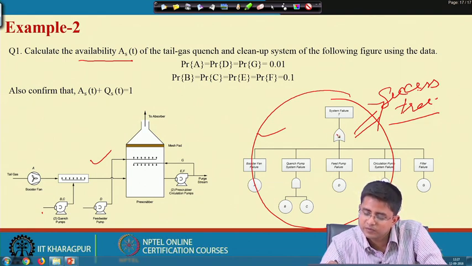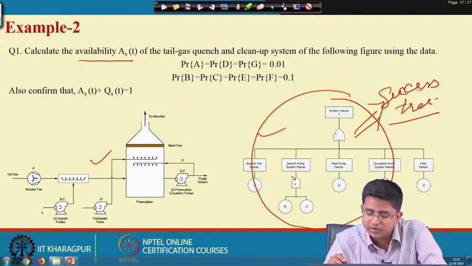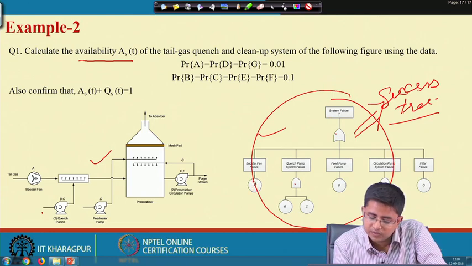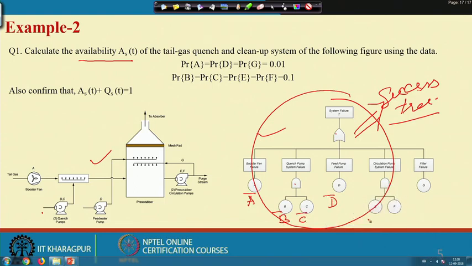Just you have to replace all the OR gate into AND gate and AND gate into OR gate, and all the basic events, those will be its inverse, that is A bar, B bar, C bar, D bar, E bar, F bar, G bar, and this will be OR, this will be OR, this will be AND, and this will be T bar.